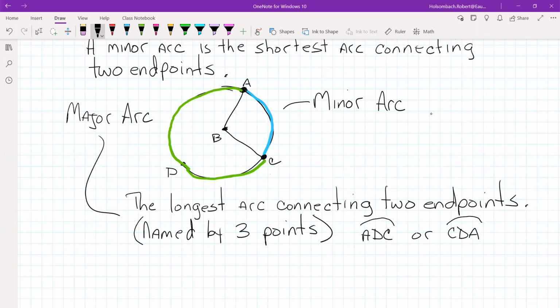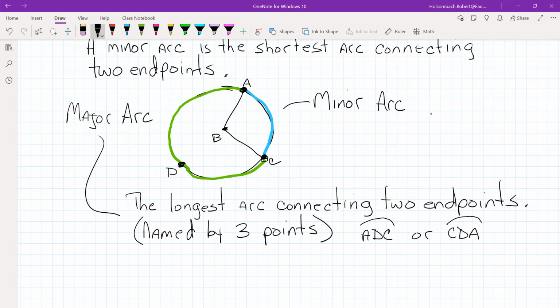That means we're starting at A, going through D to get to C. If you've got a circle and you don't have anything labeled other than the points on the circle, and you see three points naming the arc, it's typically going to be a major arc.